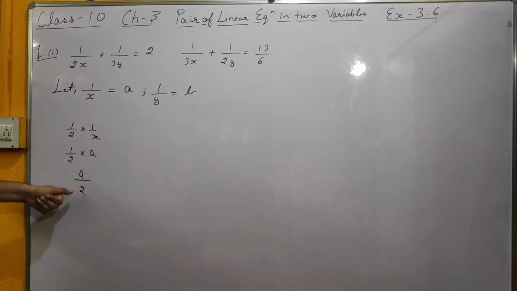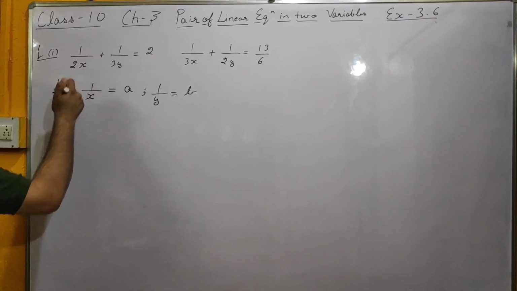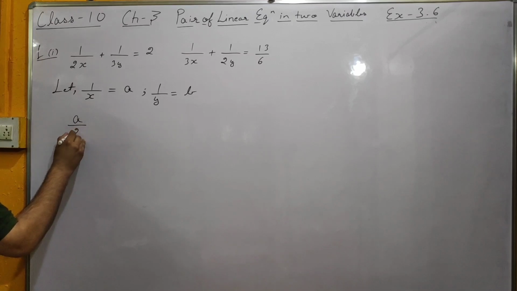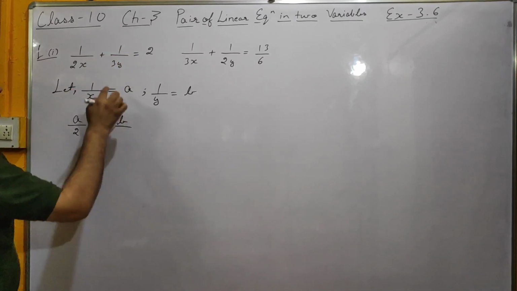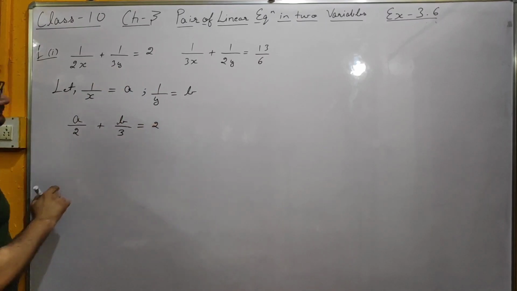It is a by 2, please keep in mind. You can do it in rough also if you want. So it is a by 2 plus, similarly, 1 by y is b and 3 is in the denominator, equals to 2.